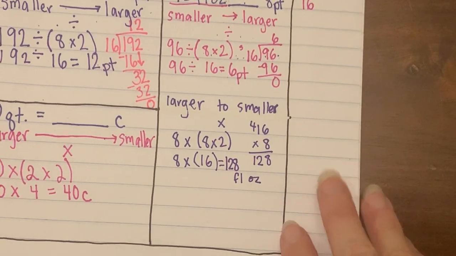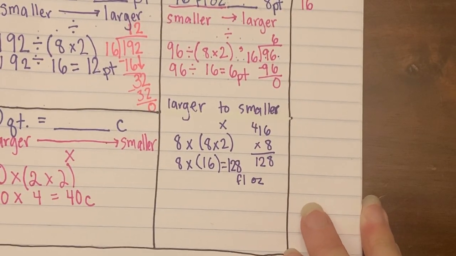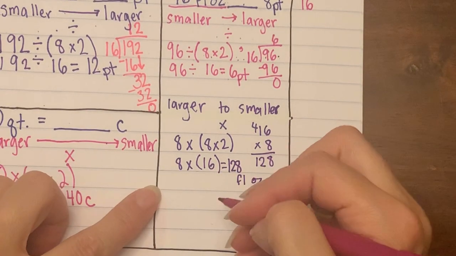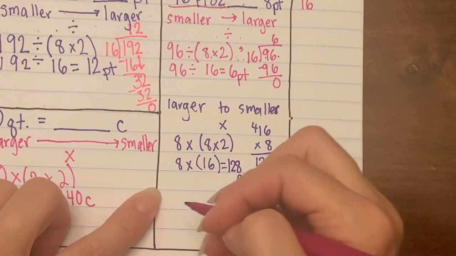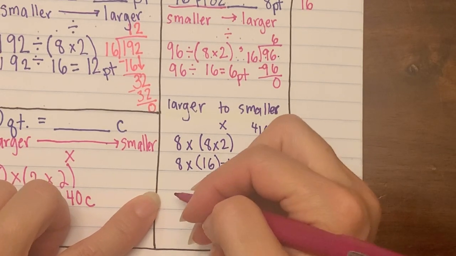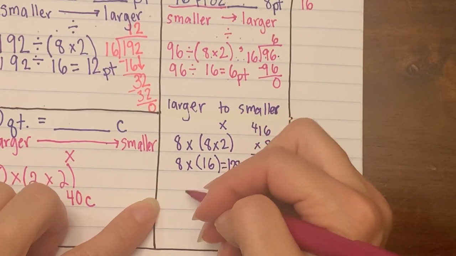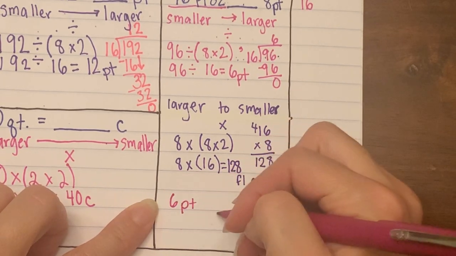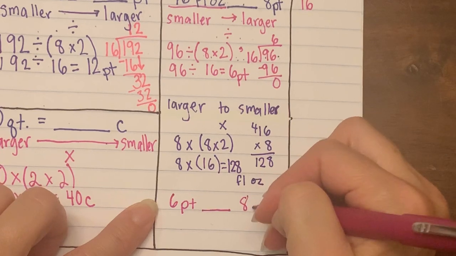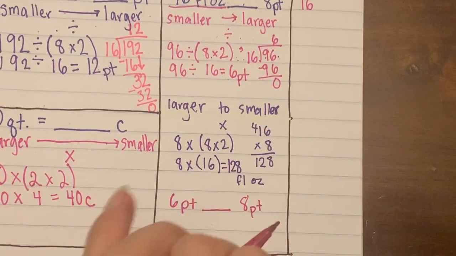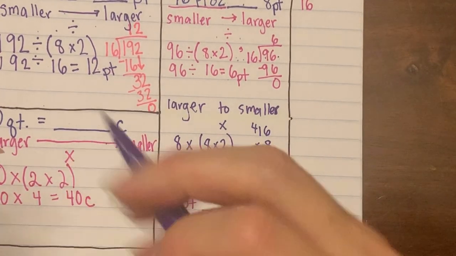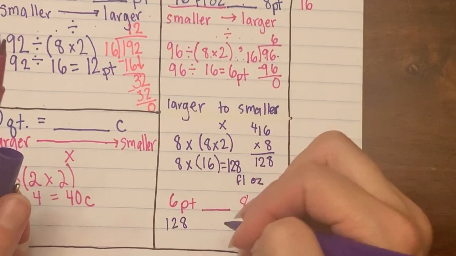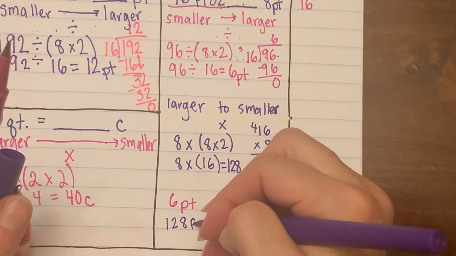I'm going to have 6 pints compared to 8 pints, or 128 fluid ounces.